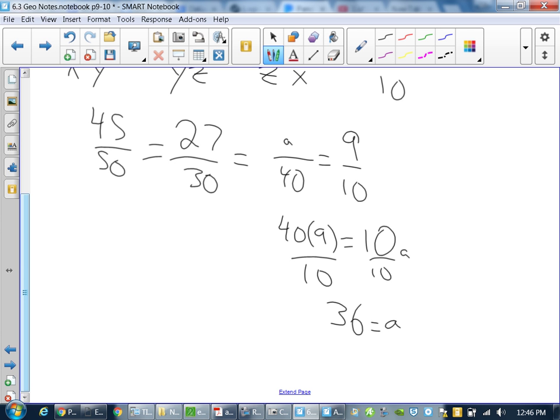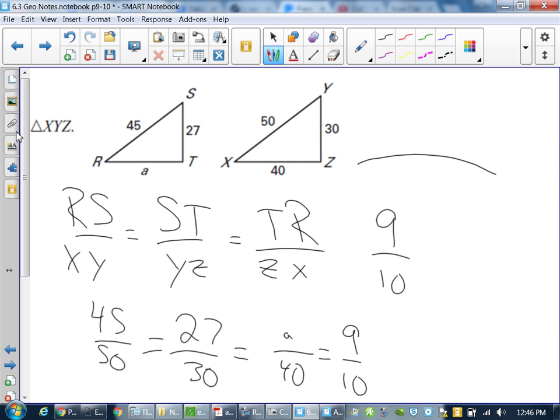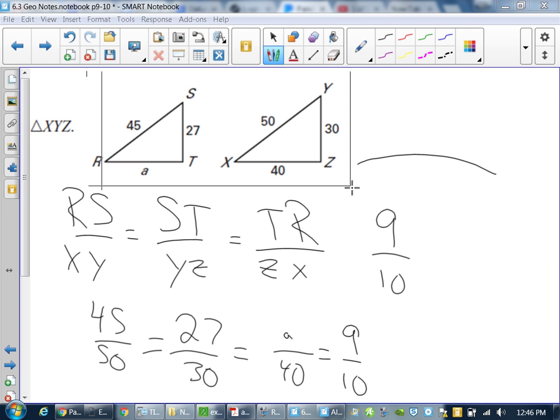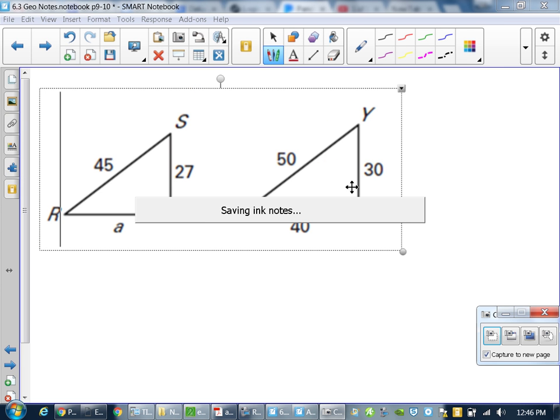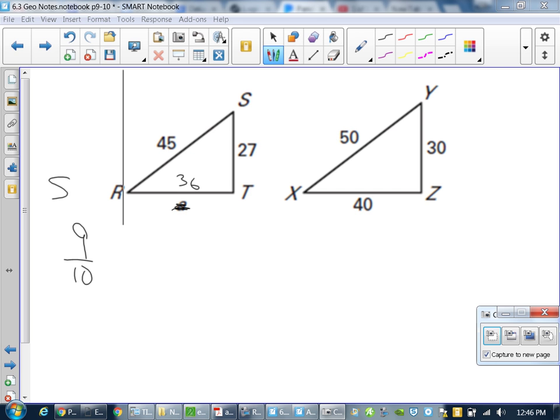Here's the other one, a little new part about today. We just found a second ago that this side was 36. We knew that the scale factor going from left to right was 9 over 10. What's the perimeter of the triangle over on the left?